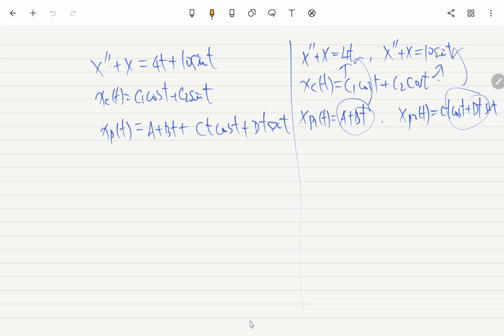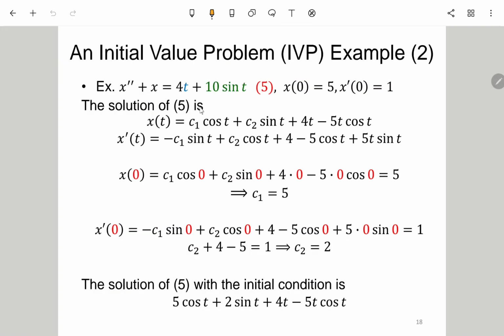Okay, so in the next page, we have this solution and these 2 conditions. We just write it here. Here we try to take the first derivative.